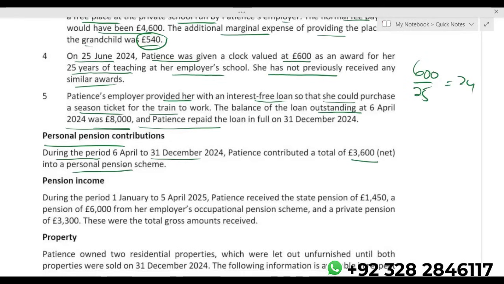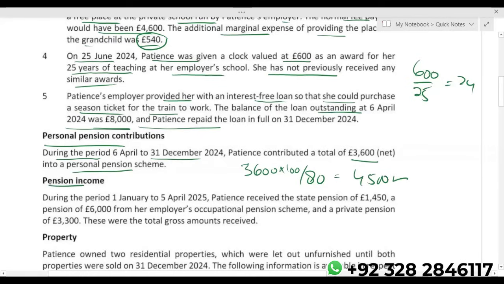So basically this 3,600, I'll gross it up. Let's see what gross amount I'm getting. I'm getting 4,000. Logically, this 4,500 will increase the limit of your basic rate band as well as the limit of the higher rate band if you need.